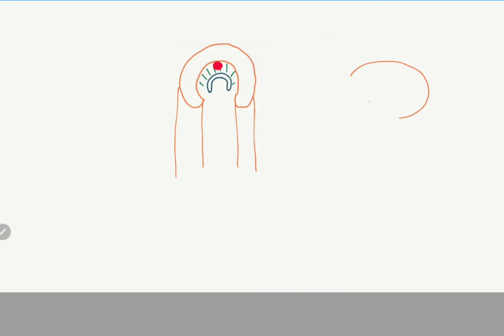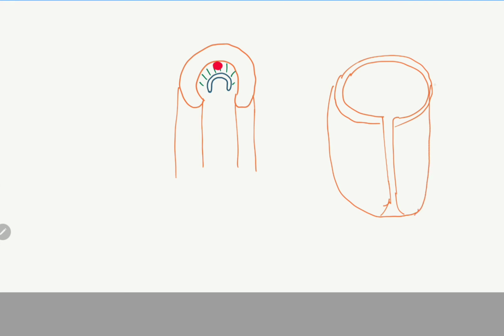So the embryo has folded fully. This is the ectoderm. Of course, skin is also a derivative of the ectoderm.